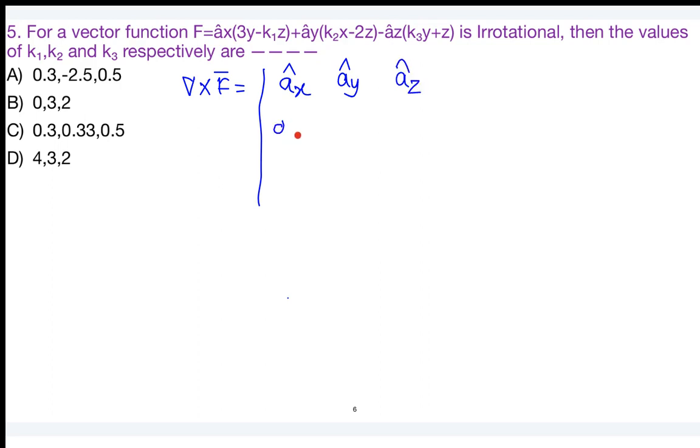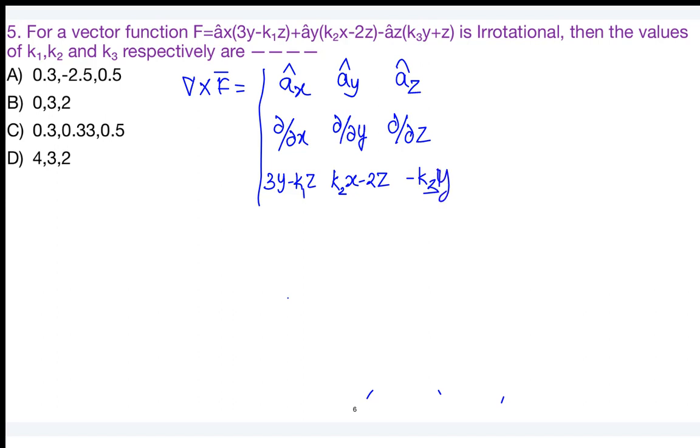The coefficient of Ax will be 3y minus k1 into z. The Ay coefficient is k2x minus 2z. And the Az coefficient, see here there is a minus, consider the minus: minus k3y minus z. You just equate this value to 0 and tell me the values of k1, k2, k3.